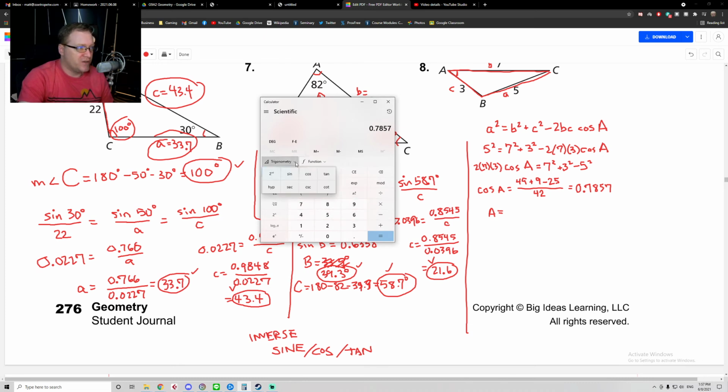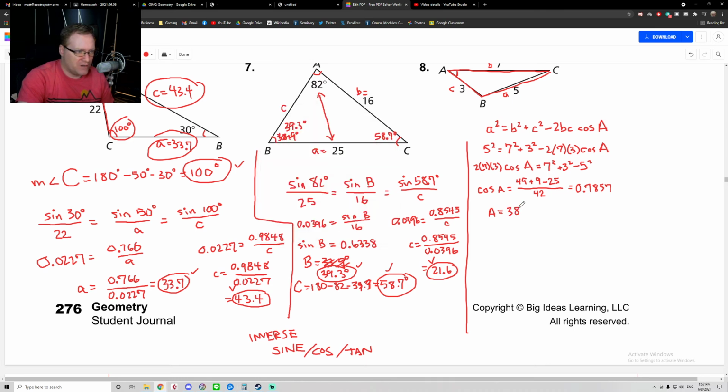We do that by pressing second here, and it gives us the inverse cosine, cosine to the -1. I hit that button, and it gives me 38.214. We want to round, so it's 38.2. So the answer is 38.2 degrees. That is this angle, 38.2.